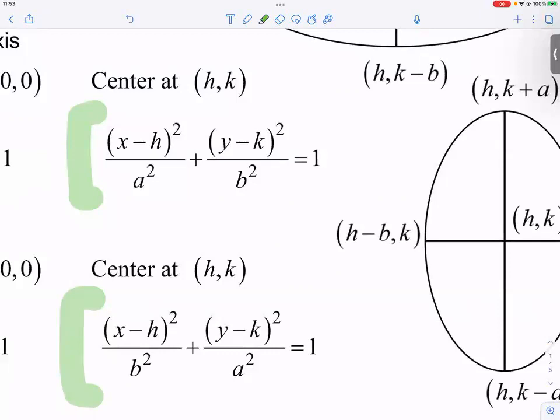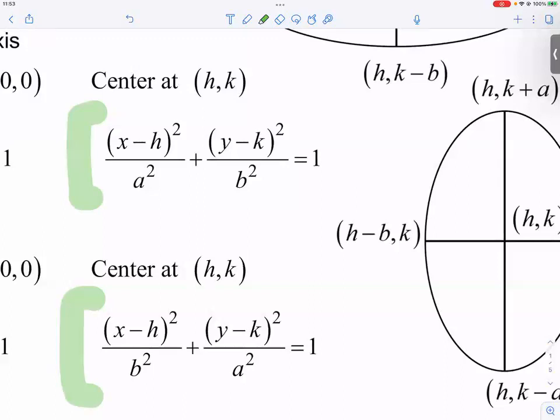Squared, the x minus h, same thing. The y minus k, same thing. So you can still tell the center easily, just like the circle equation. And also, the adding is still the same.